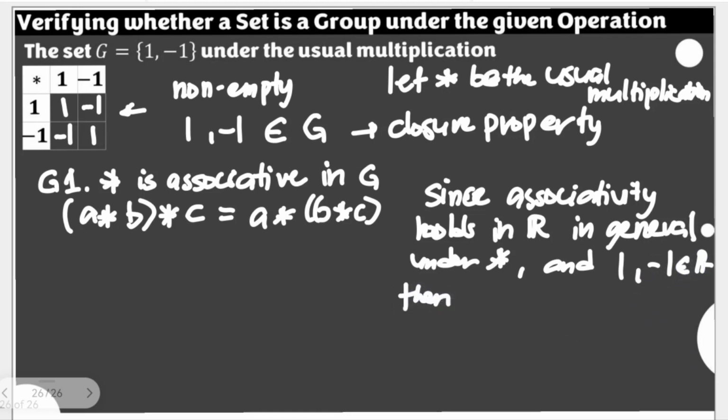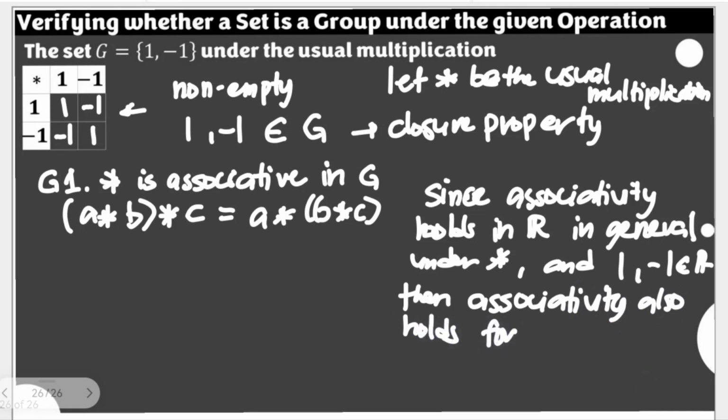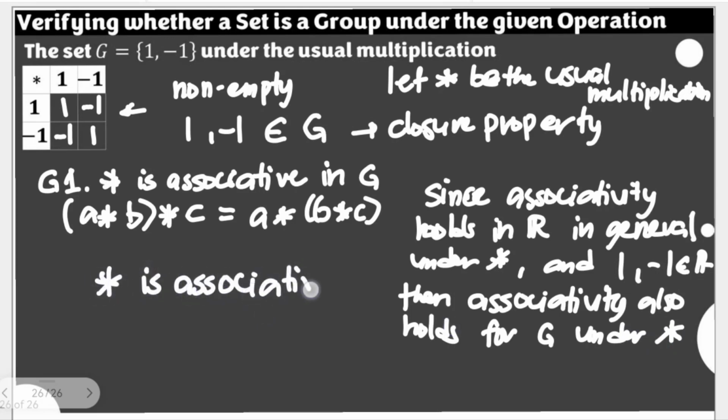Then we can say here that associativity also holds true for G under the same operation. Okay, so with that we can just say here that star is associative in G. Okay, so the first condition is already okay.